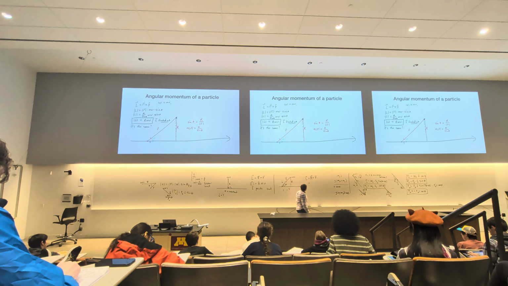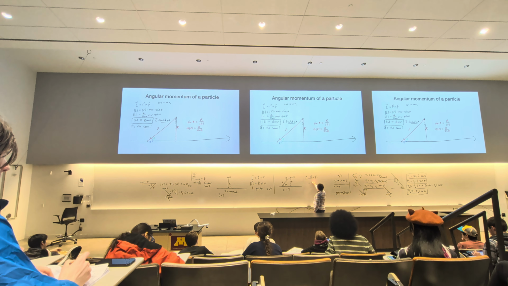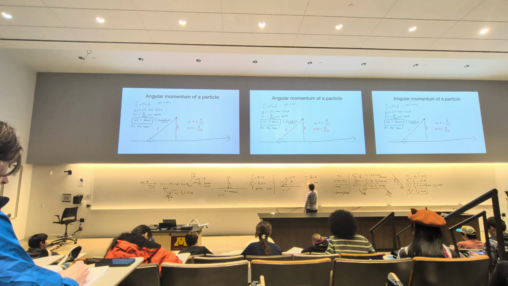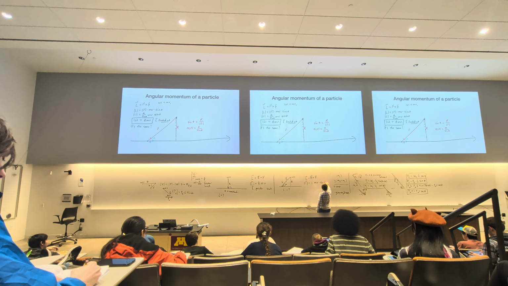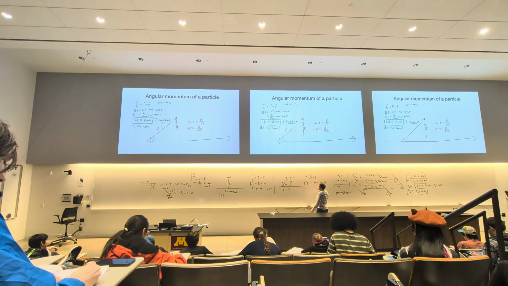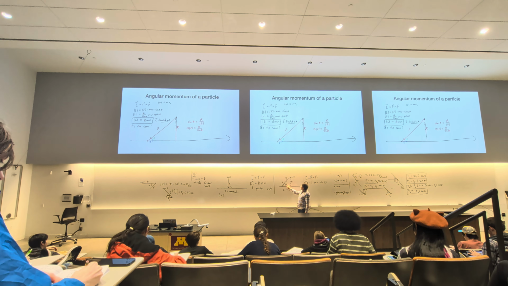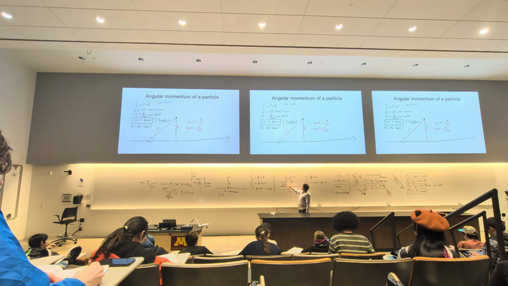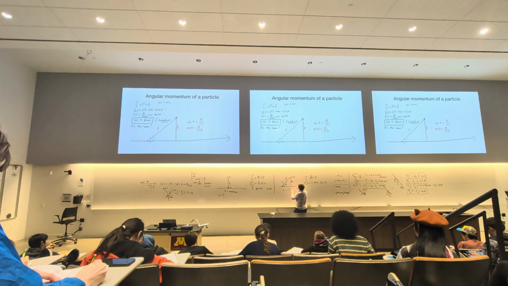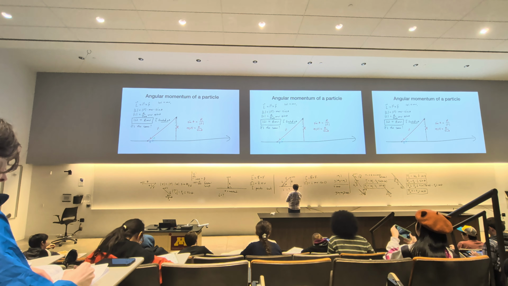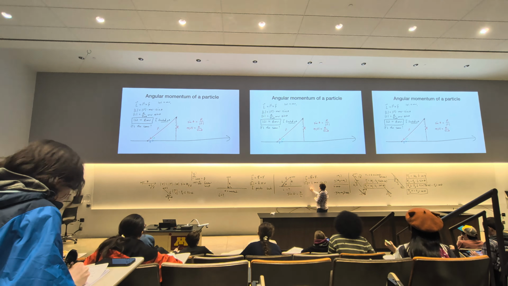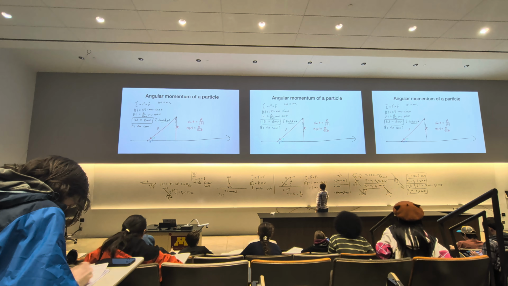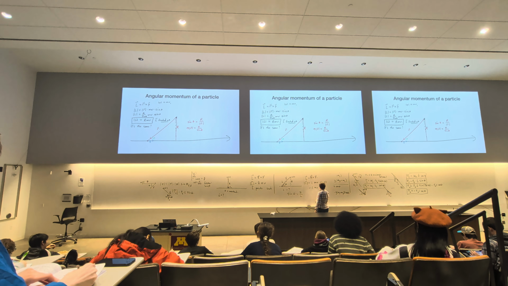If I do that, then this is L, M, V, so I'm going to write the magnitude, times sine of the angle between. This angle. But sine of theta is R over L. So this is L, M, V times R over L.